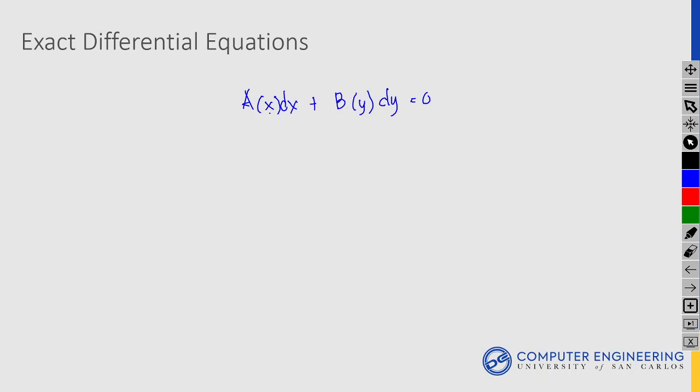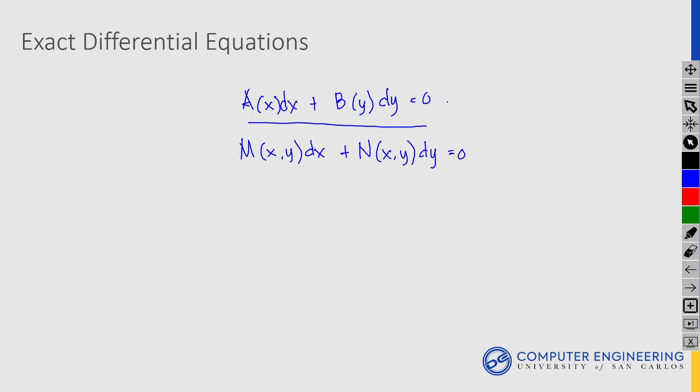But we do know that this is just a specific form. This is one instance, one example of the generic form of M of x, y dx plus N of x, y dy.